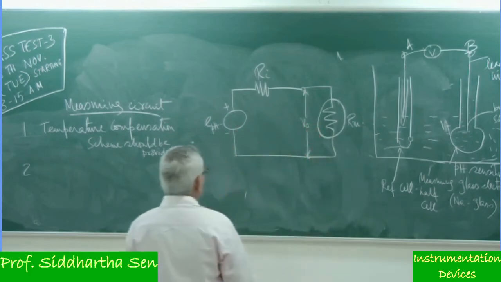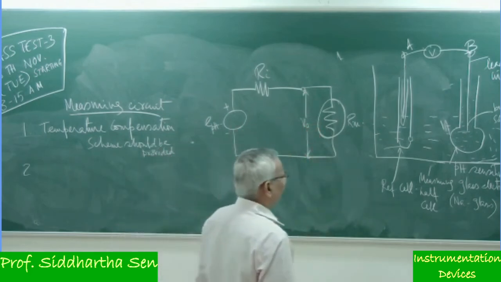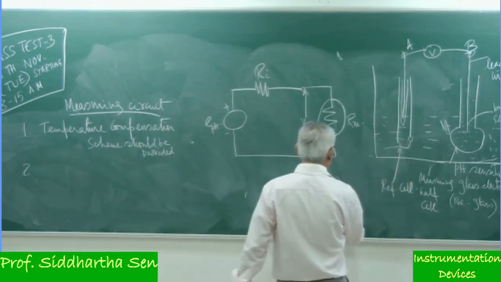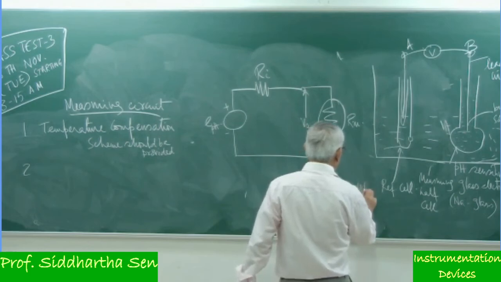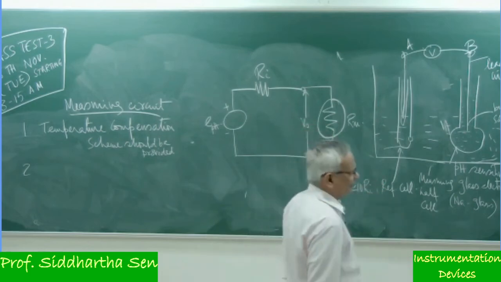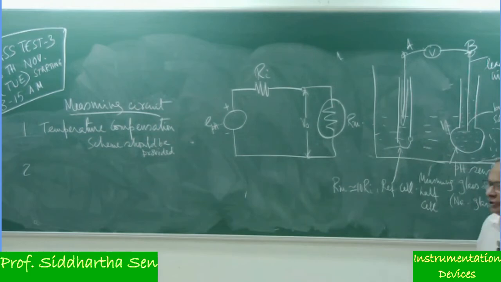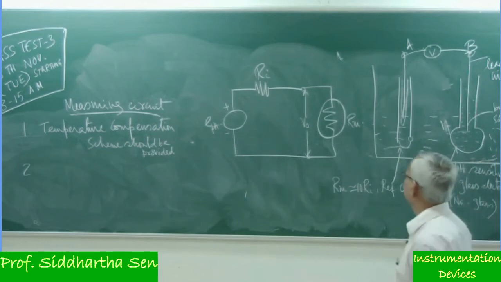We know that for avoidance of the loading effect, you must have Rm, a thumb rule, approximately 10 times Ri at least. It should be much higher because otherwise the voltage will drop there.